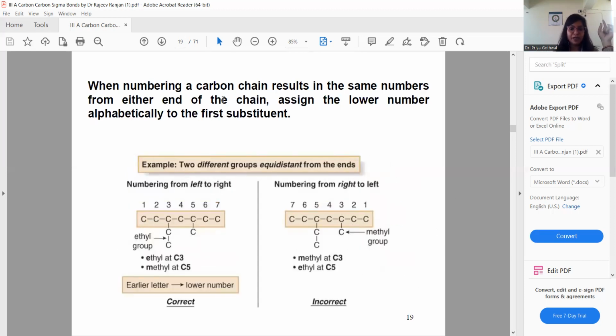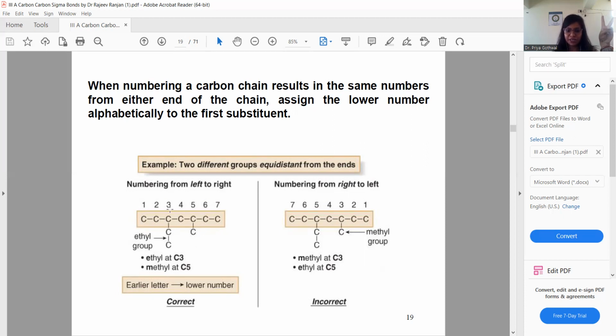When numbering a carbon chain results in the same numbers from either end of the chain, assign the lower number alphabetically to the first substituent. For example, if we have two different groups equidistant from the ends, if we number from left to right, the two groups are ethyl and methyl.